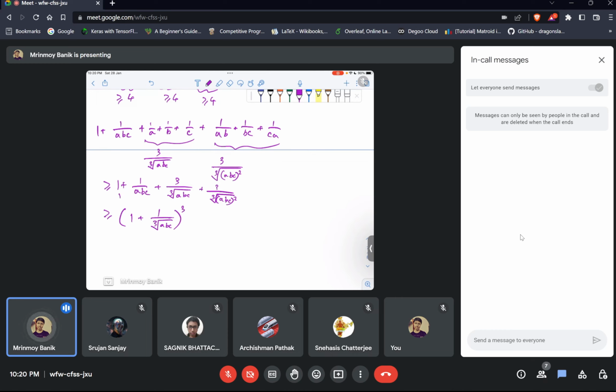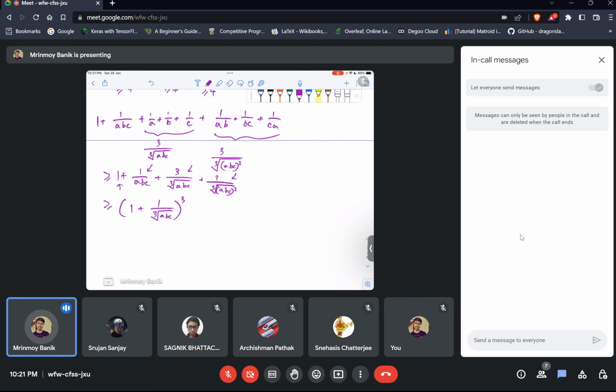So you have the a squared term, the a cube term, this is the b cube term. This is the 3a squared b term. This is the 3ab squared term. So you have all four terms. So this is 1 plus 1 by cube root of abc, whole cube, right?